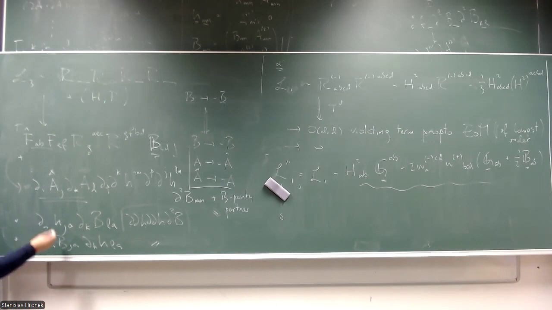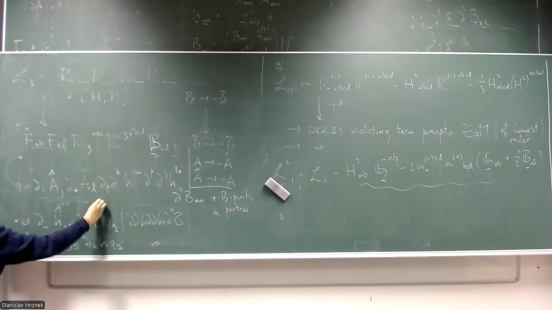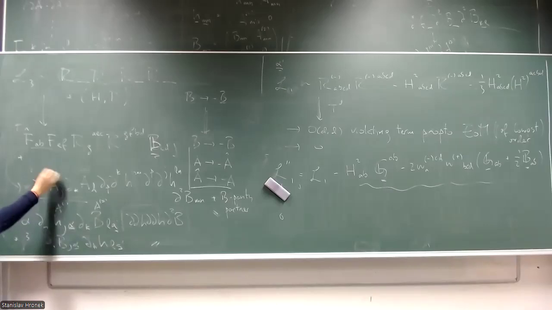To do this in a general way, I can put some coefficient alpha, coefficient beta, and do the reduction. For example, here I'm doing the contraction by A, simply putting this A hat A prime. This will give us A1 and A2 again, and the product is some A hat data.